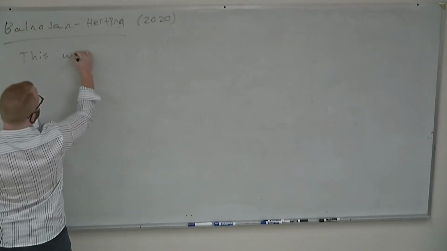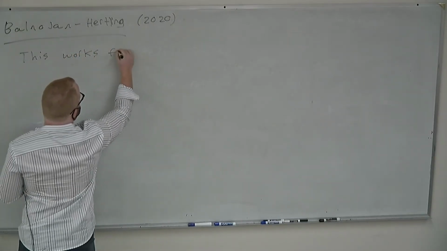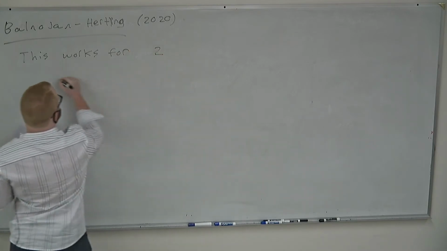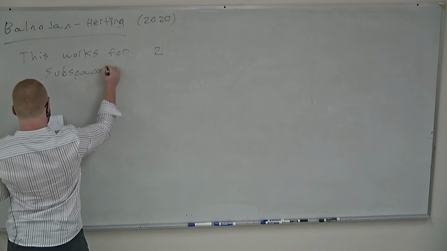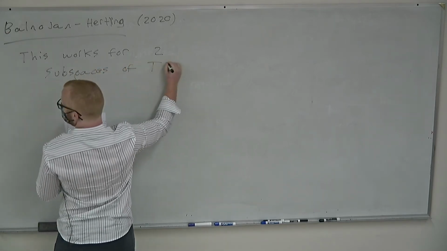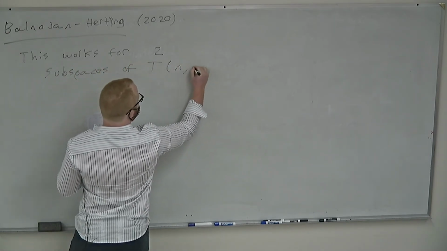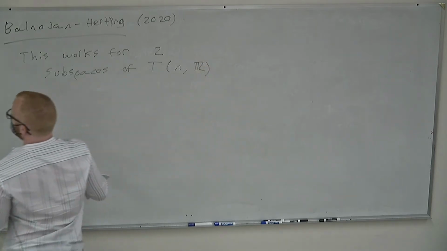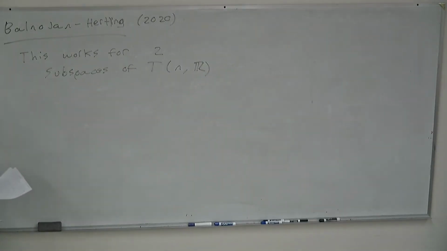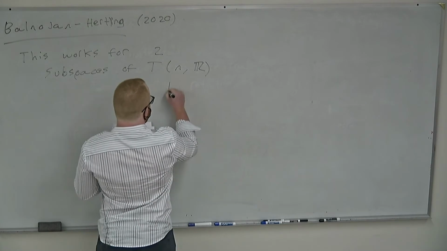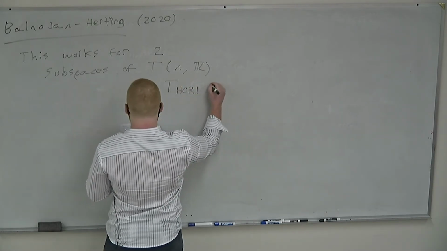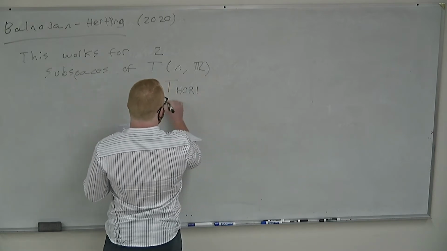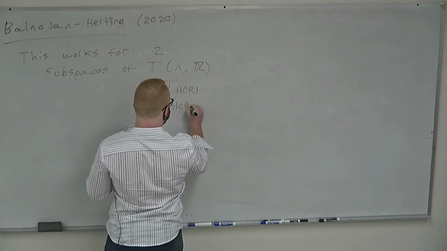This works for two subspaces of T N R, we have THOR1 and THOR2.